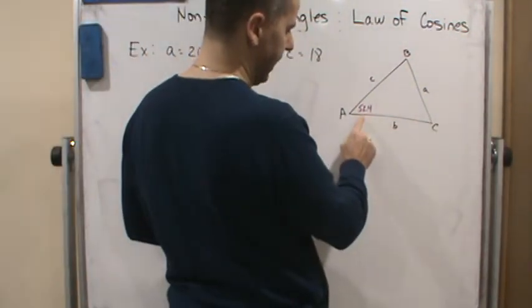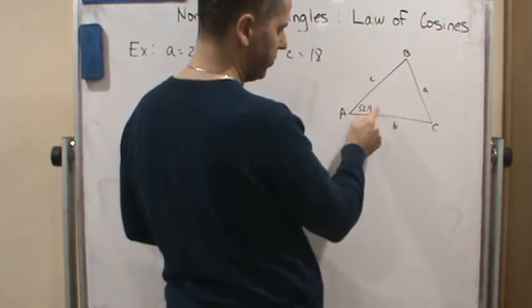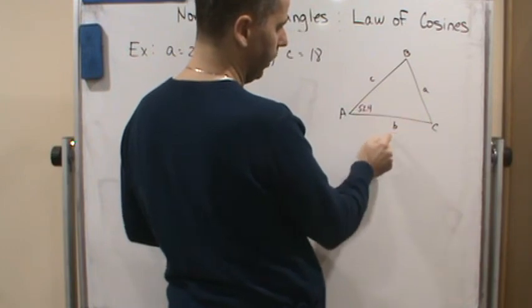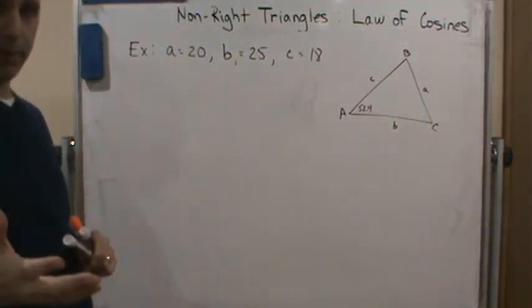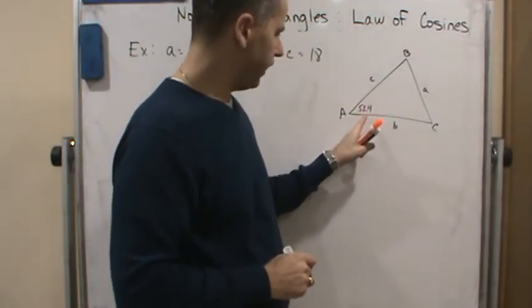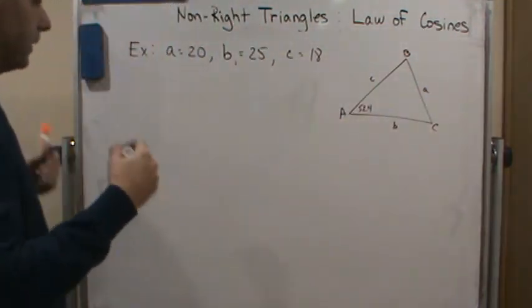If you want to use the law of sines, you could use this one and then solve for one of the angles using one of the other two, and that would be fine. You'll probably get just as good an answer, but if you want a more exact answer, then use the law of cosines. But it doesn't matter.